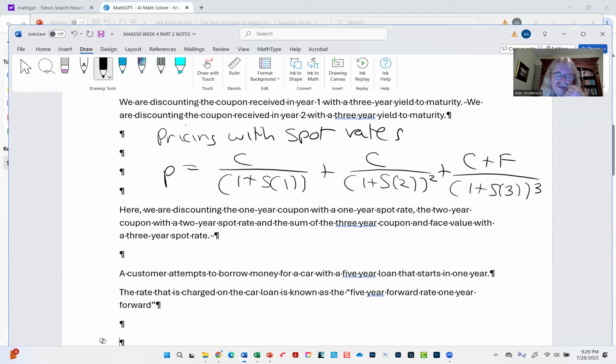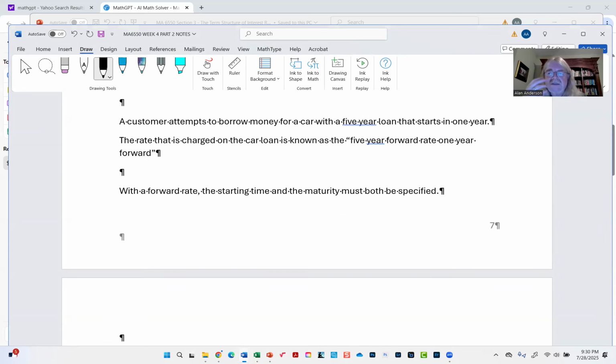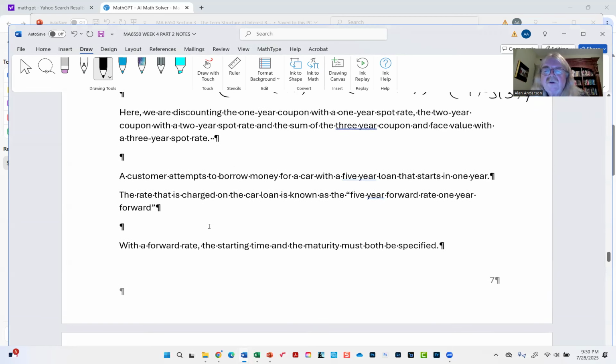In other words, with a forward rate, the starting time and maturity must both be specified. So it could potentially be confusing if you're not used to this. Normally, you say 5 year loan, meaning we start right away.